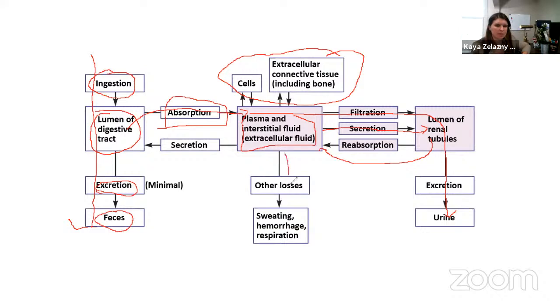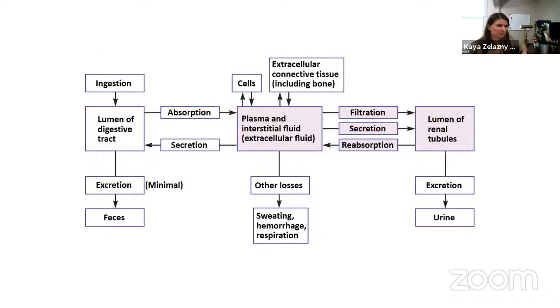We may be losing water to things like sweating, hemorrhage, and respiration. So you don't really have to memorize this table. We're going to go through whatever parts we think are important. So we may be secreting things back. But this is what a big web of all these processes would look like.